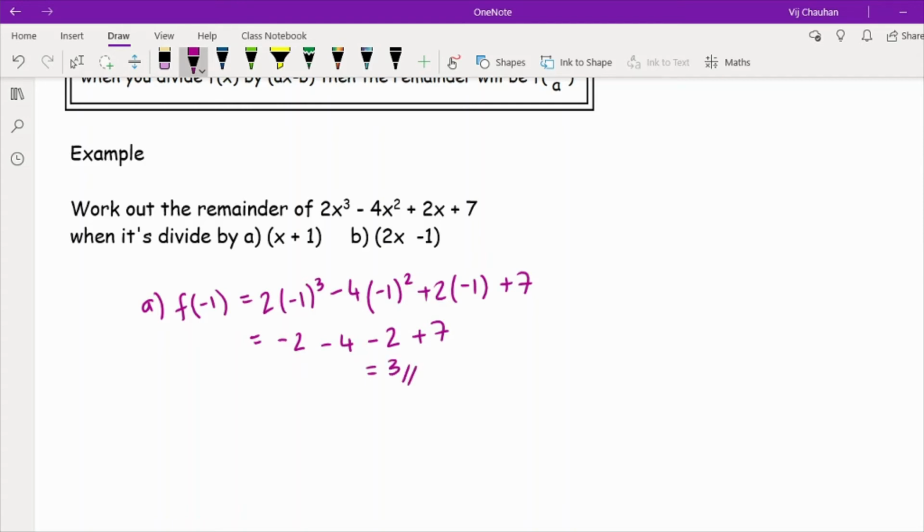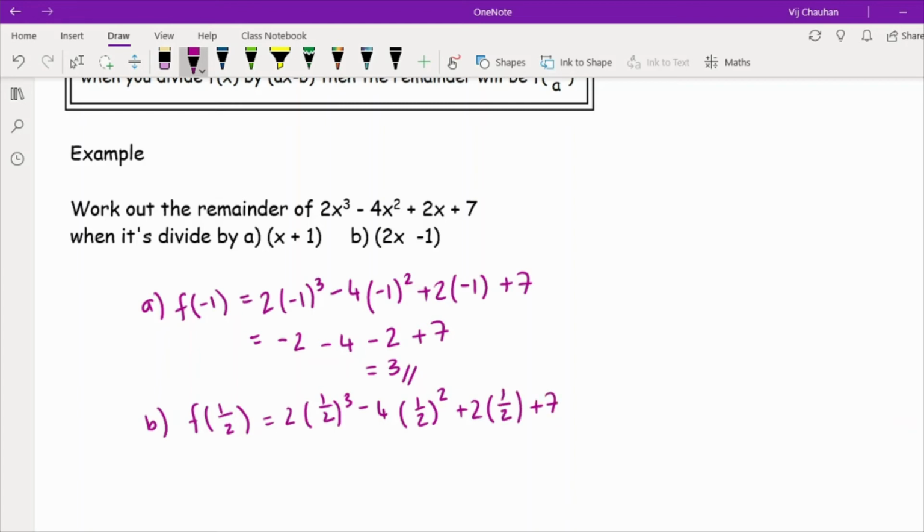And likewise for b, here I'm going to substitute the value that makes this bracket equal to 0. So here I'm going to substitute f of a half, and this is exactly what I'm going to be typing into my calculator. I strongly recommend you use brackets when you substitute numbers in.